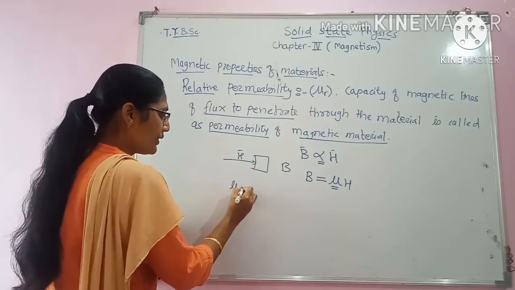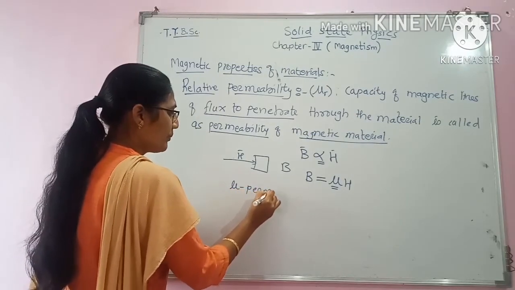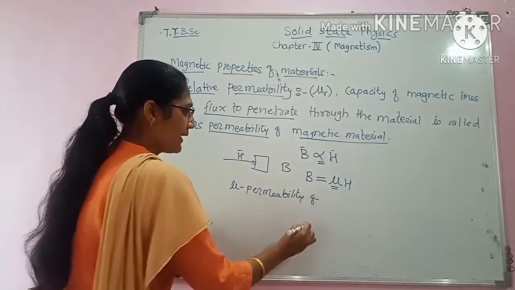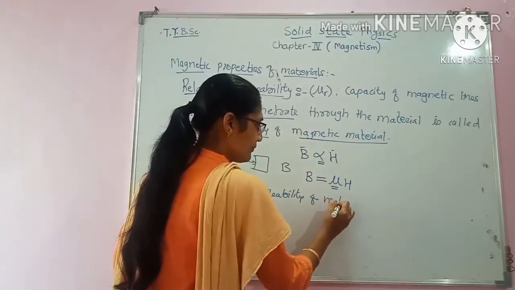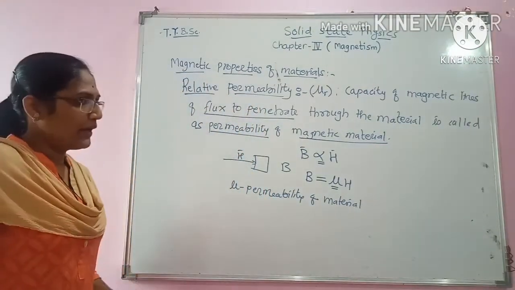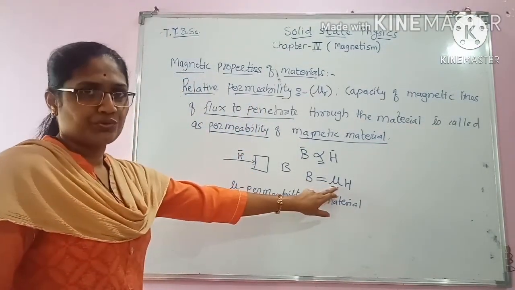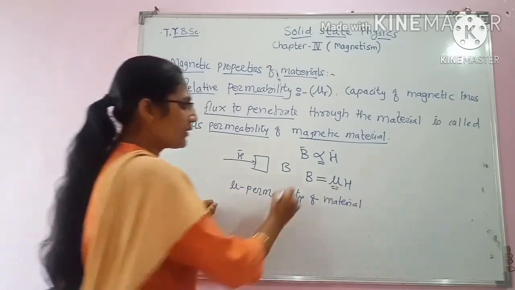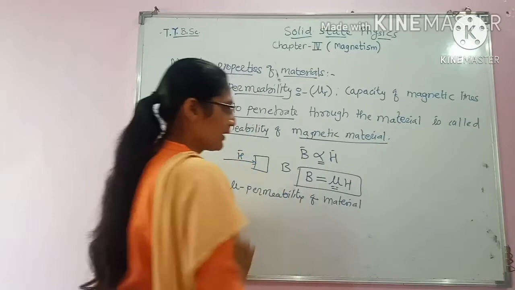So here mu is the permeability of the magnetic material. It is a proportionality constant related to the magnetic material.